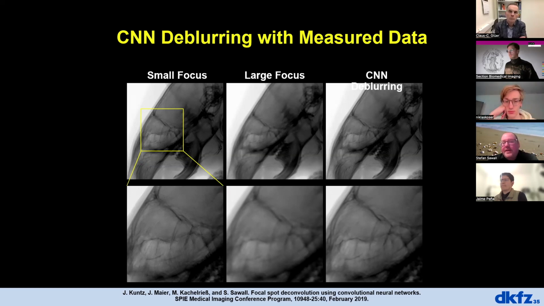But of course, in that case, we just measured mice because it was a micro CT system. If you would want to do that with real patients, you would have to be very careful, I guess. And I guess this is a topic of ongoing research. But I don't have an anatomical metric for you.